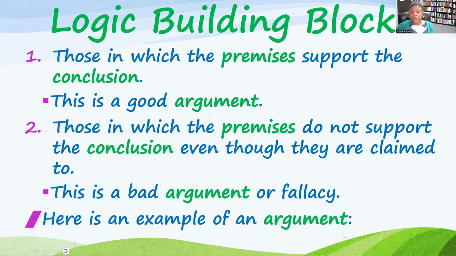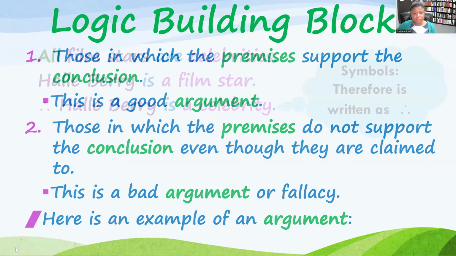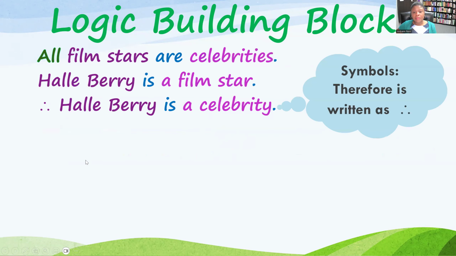So let's look at an example of an argument. The argument is: all film stars are celebrities. Halle Berry is a film star. Therefore, Halle Berry is a celebrity.